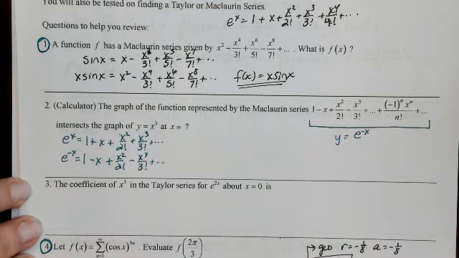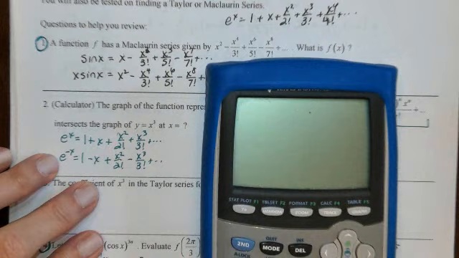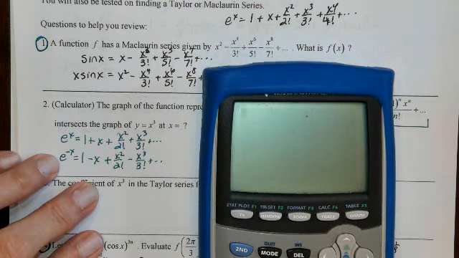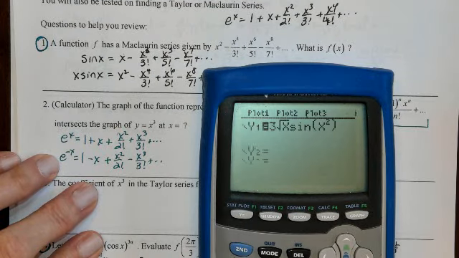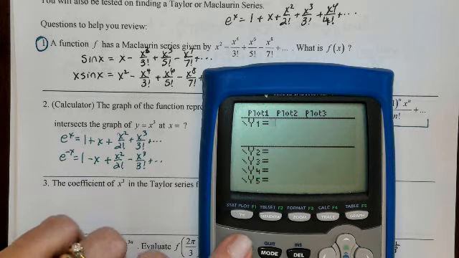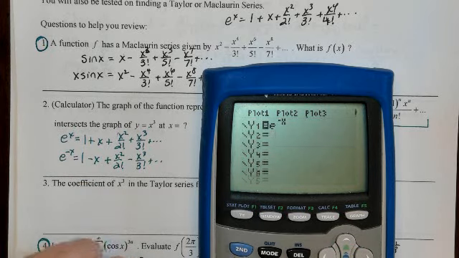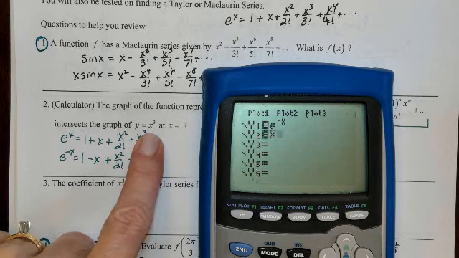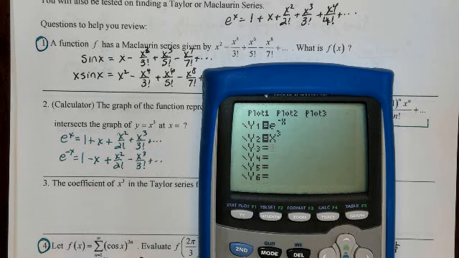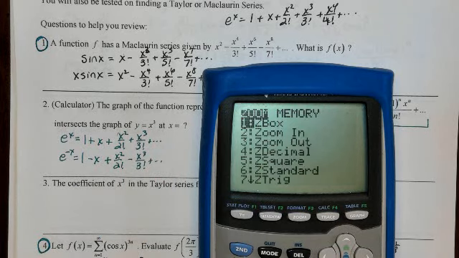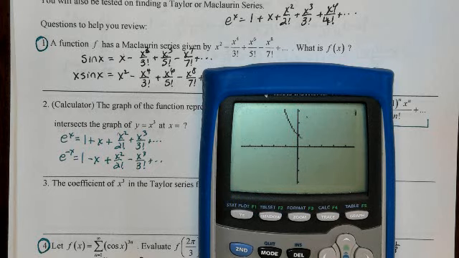And I have a calculator to do that with. So grab your calculator, and y equals, clear out what's there. All right, e to the negative x and x cubed. Just see where they intersect. I'm just going to do zoom 4. There's e to the negative x.